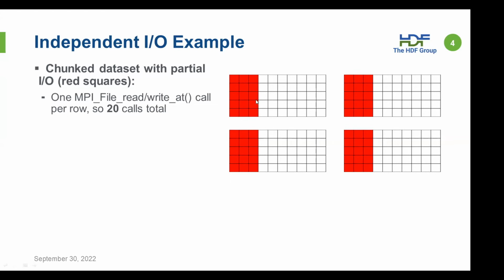So rank 0 tries to make this simple selection. Since the only contiguous blocks are these 3 elements at a time, from one H5Dwrite call the file driver needs to make 20 calls to MPI file read or write. So you can see how that could be inefficient, because we're not telling MPI what we need to do. We're only telling MPI a small piece of what we need to do at a time.